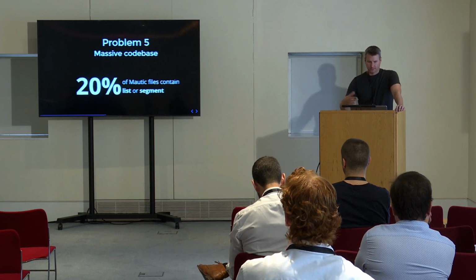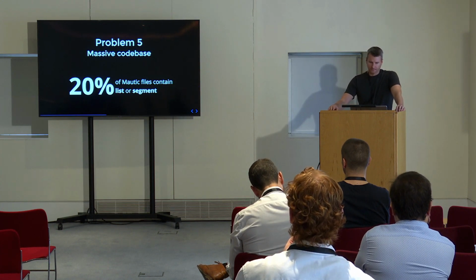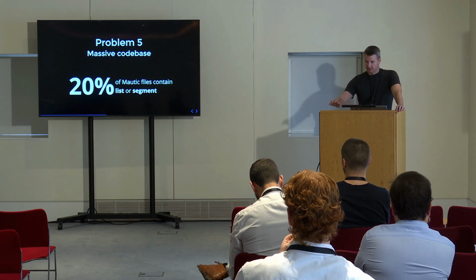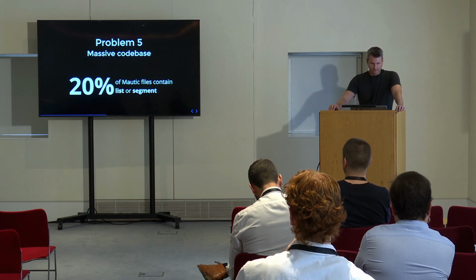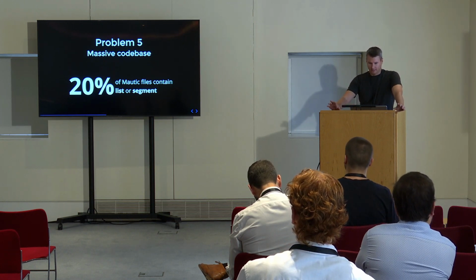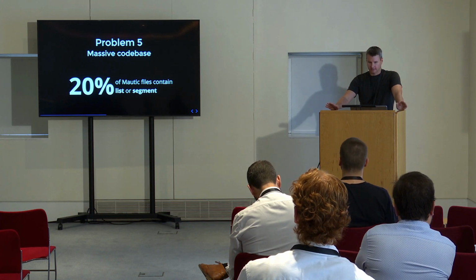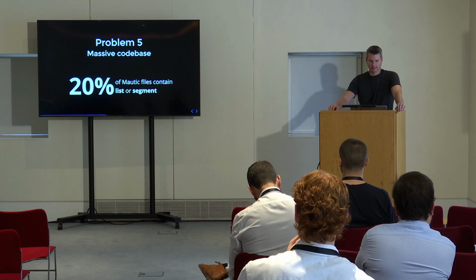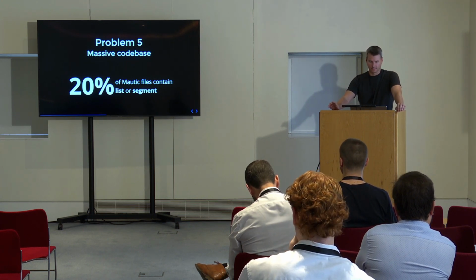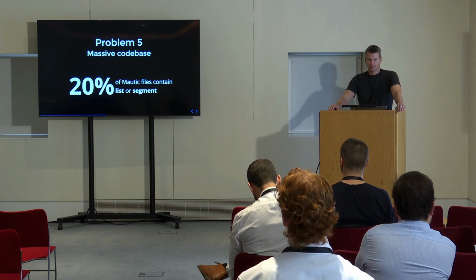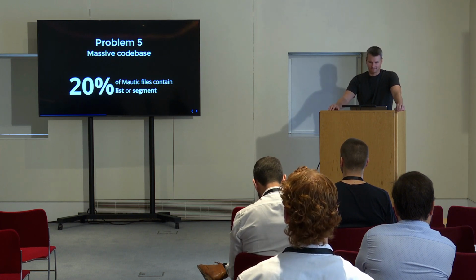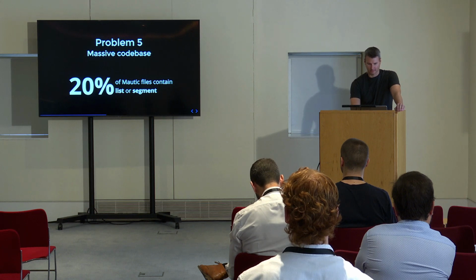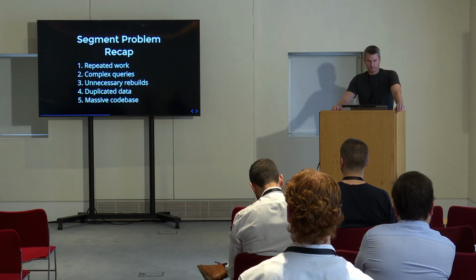All right, I'll just run through the problems, we'll get back to them. Massive code base. I searched for how many files contain the keyword list or segment. It's like 20% of the Mautic code base. So maintaining all of that, bugs and upgrades and all that, it's a lot just for segments.